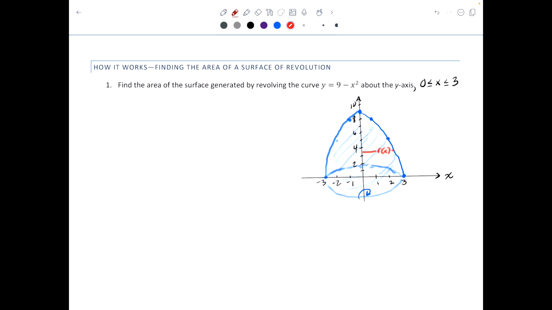Well, when x is 1, how far away are you from your axis? You're 1 unit away, right? When x is 2, we're 2 units away from our axis. So at any given time, you're x units away from your axis of revolution.